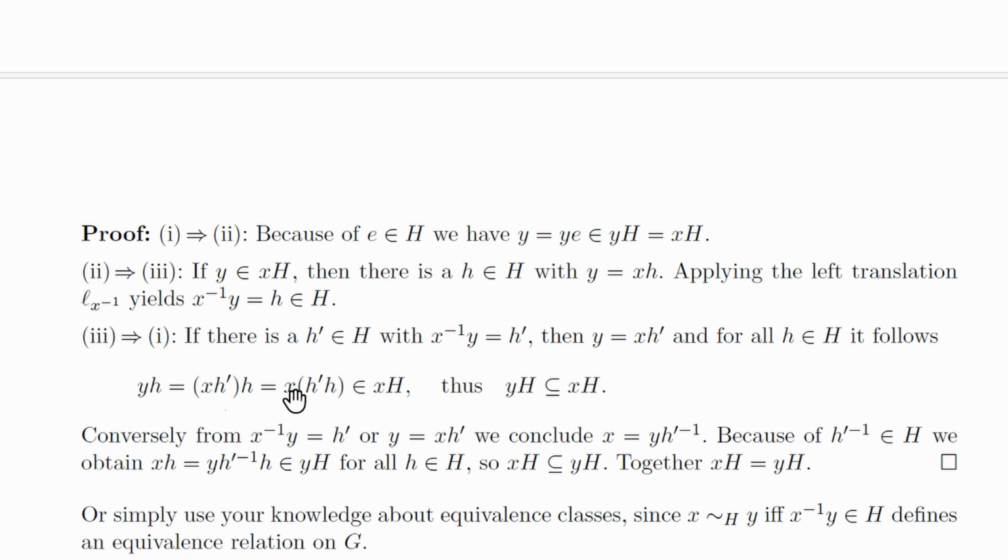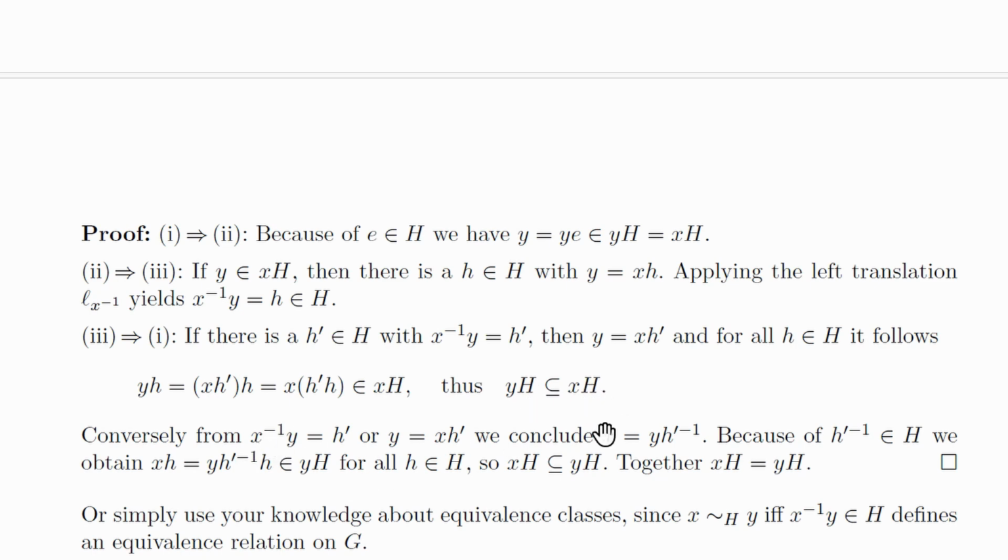By associativity, I can move the parentheses, and now because H is a subgroup, this here always lies in H again. So yh is x times an element of H, and by definition it lies in xH, showing that yH is a subset of xH.